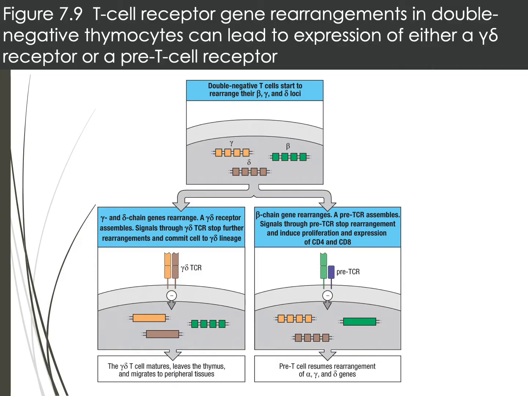So again, it's during that double negative stage that we have these rearrangement events happening. We're either going to get expression of beta or gamma delta. And if we have beta, we have a pre-T cell receptor that's formed, and then we're going to get expression of the alpha chain to match with it.